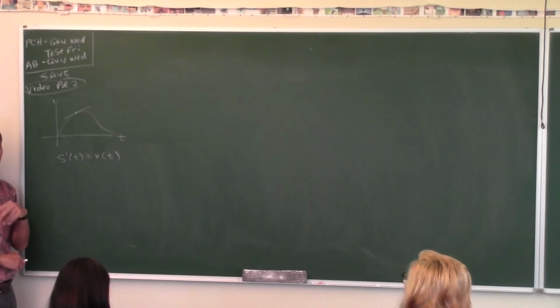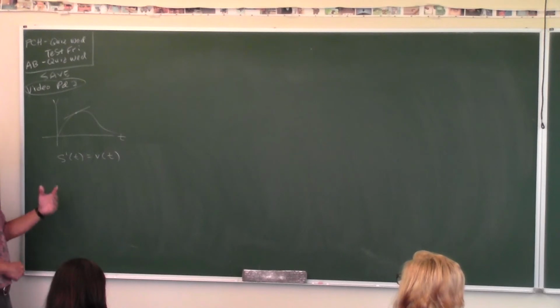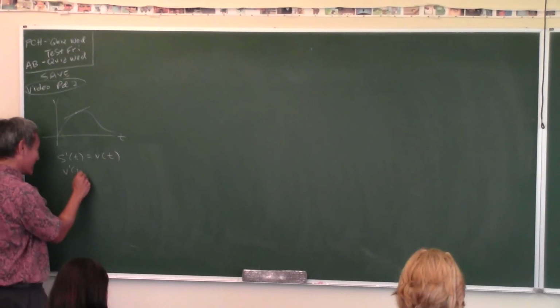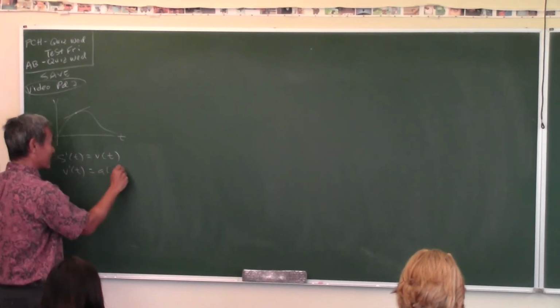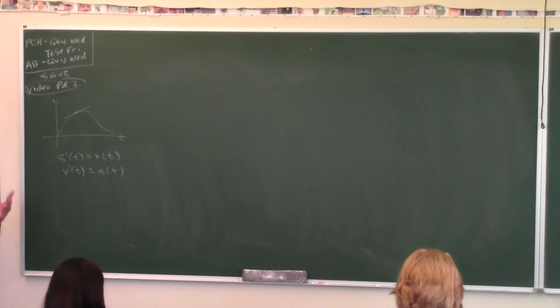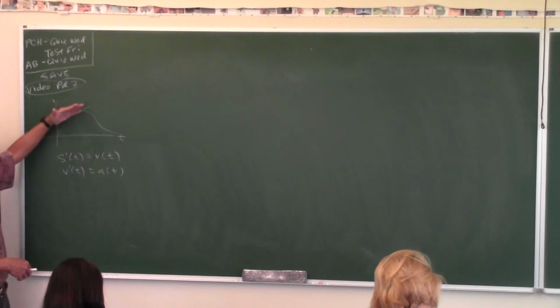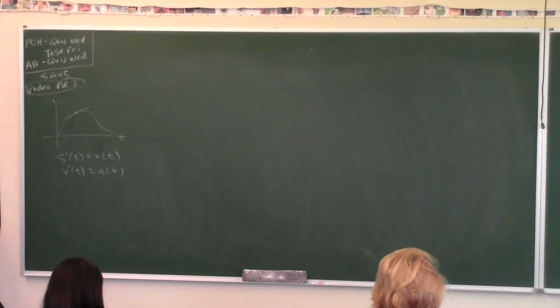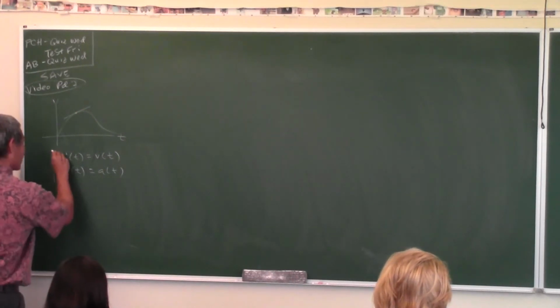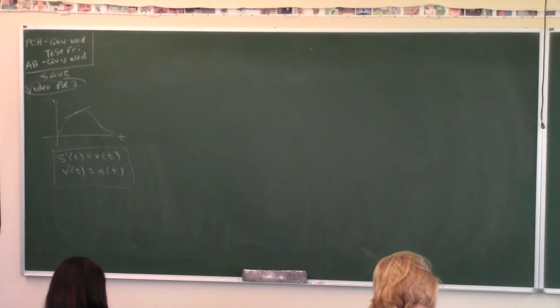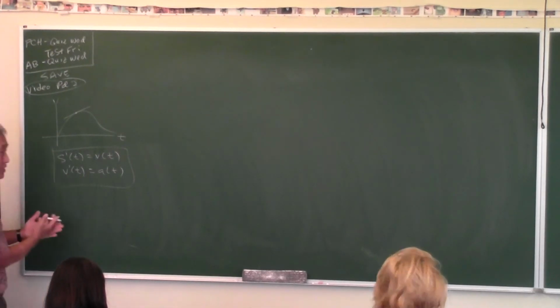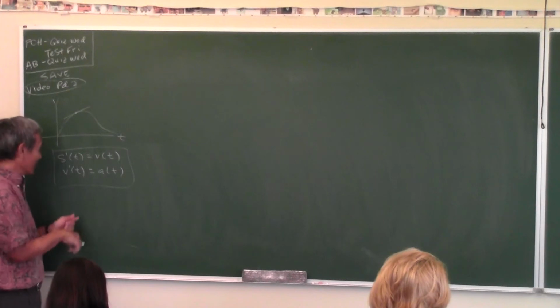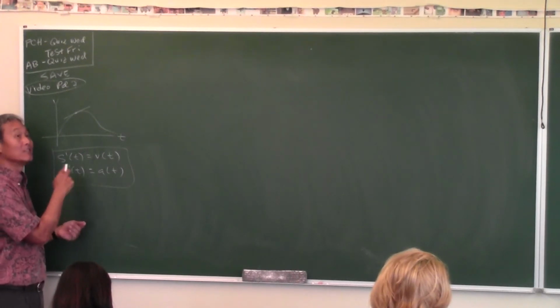The instantaneous acceleration. So if you take the derivative of velocity, that's how you get acceleration, because the derivative simply tells you the slope. And we learned from physics, the slope is the instantaneous velocity or the instantaneous acceleration. So that's today's lesson right there. If you take the derivative of position, you get velocity. If you take the derivative of velocity, you get acceleration.